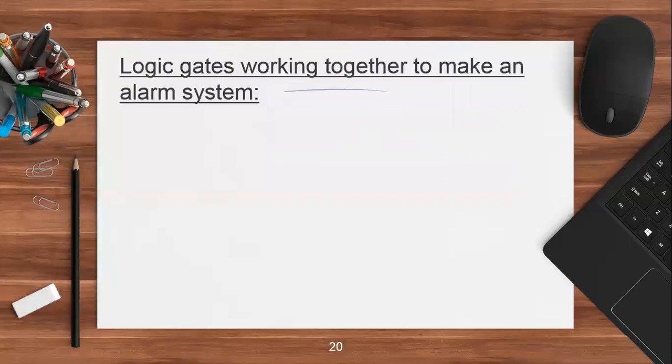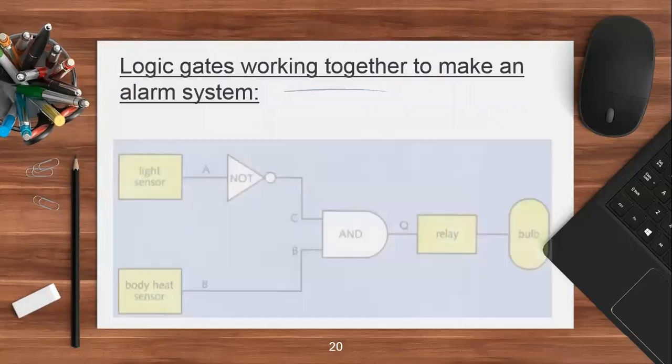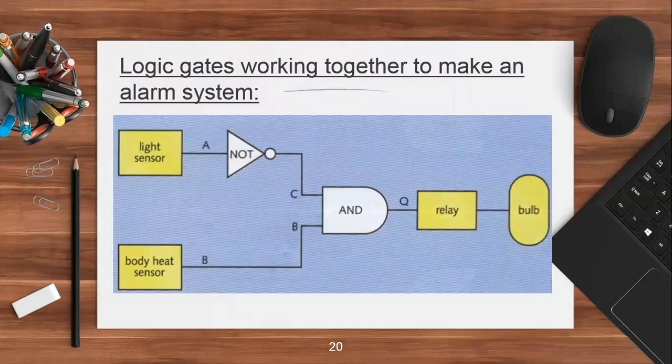Logic gates working together to make an alarm system. Another use is to make an alarm system. There are two sensors, a light sensor and a body heat sensor. This is the combination of a NOT gate, an AND gate, and the sensors. So this bulb is an indicator of the alarm.